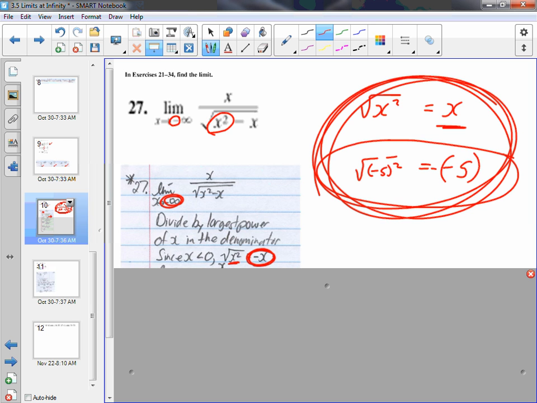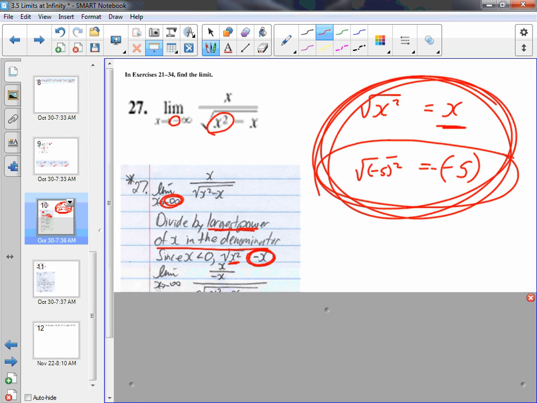So I'm still following the advice of dividing by the largest power of x in the denominator. It's just that it's going to look two different ways. Since the square root of x squared is equal to negative x, I'll divide by x squared under the square root sign. I'll divide by what it's equal to, which is negative x, when I'm not under the square root sign. Like this.